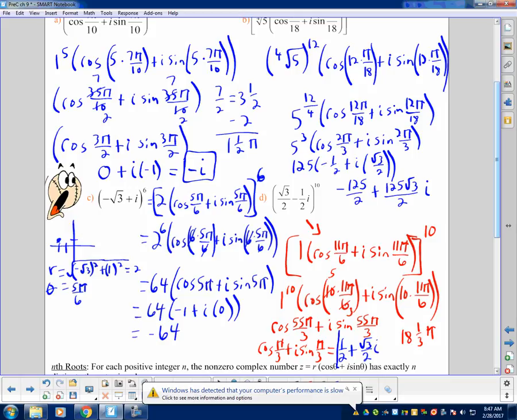That is your final answer there. Alright, so that's just an extension of taking complex numbers to powers. It's an extension of multiplying and dividing. You're just multiplying it several times. Alright?